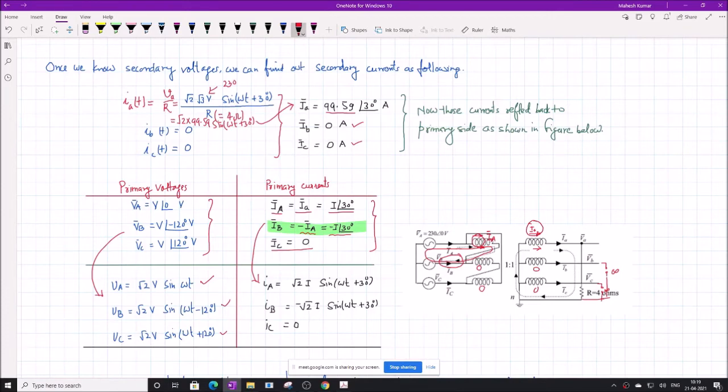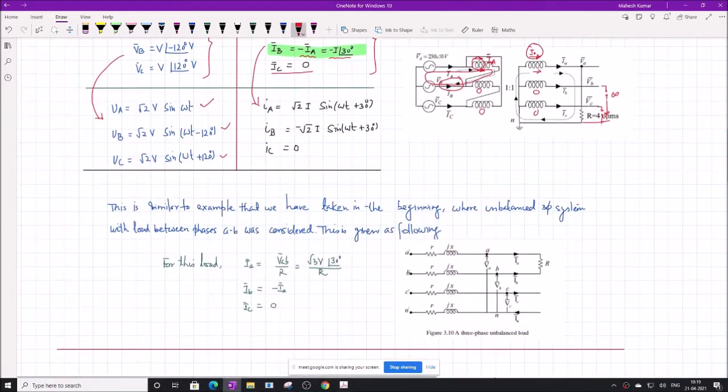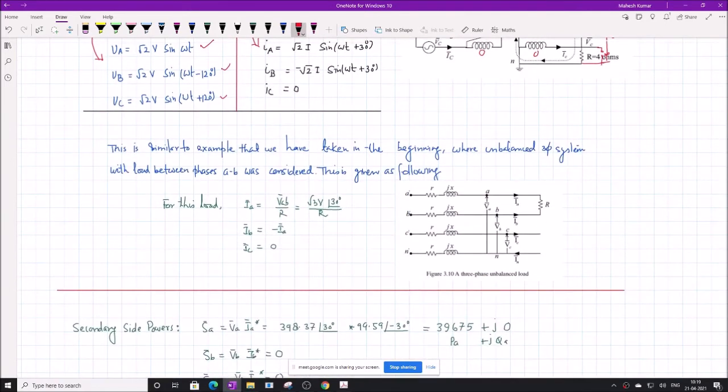It was like this system. Do you recall that?